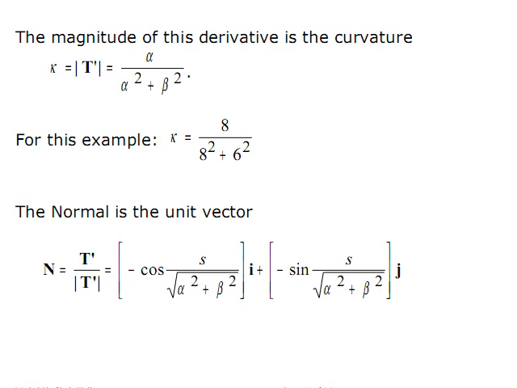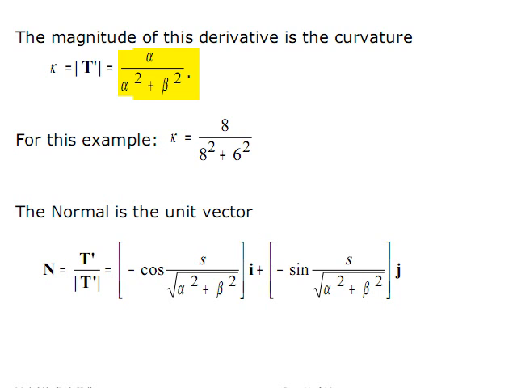The magnitude of this derivative is the curvature, and it doesn't take much to work out these steps. We get alpha over alpha squared plus beta squared, and that is the curvature of a helix. So in the example that we had, alpha was 8 and beta was 6. Here's the curvature, 8 over 100.